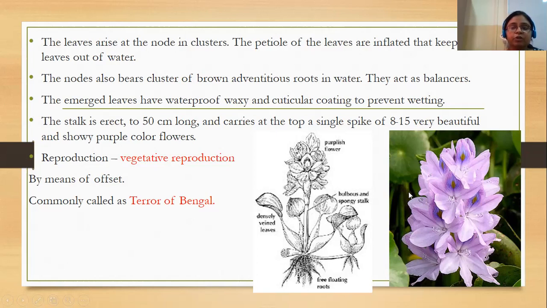And in this particular case, the reproduction can happen by two modes. First, reproduction can happen by means of vegetative reproduction. It occurs by means of the offset. What will happen? This offset will break down, and then this offset will grow on its own. It will develop at the nodes.